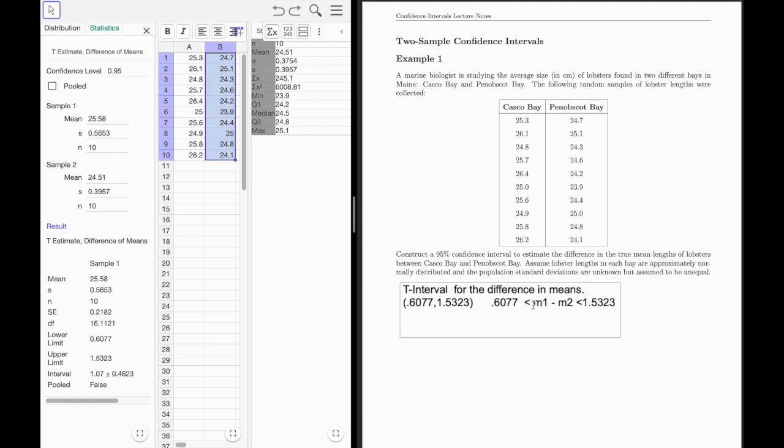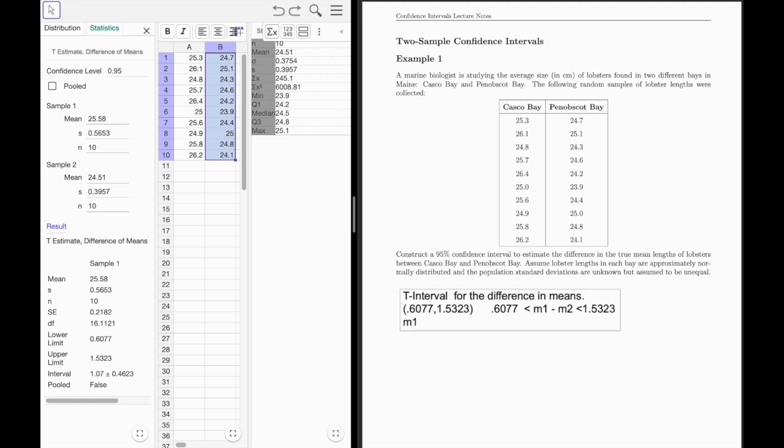What does that tell me? If I take mu1 minus mu2 and that gives me a positive value, that tells me that mu1 must be the bigger number. So what we're getting from this is that mu1 is greater than mu2.